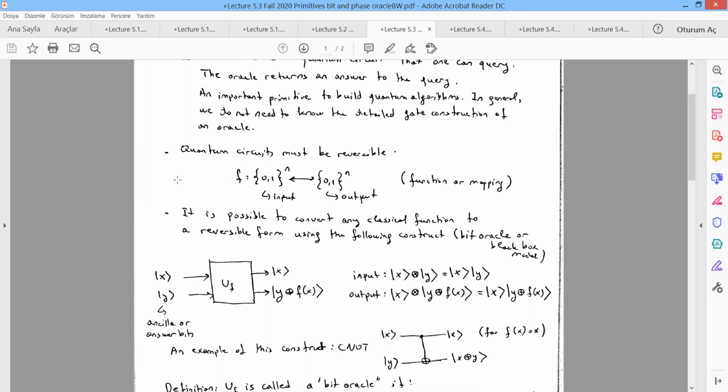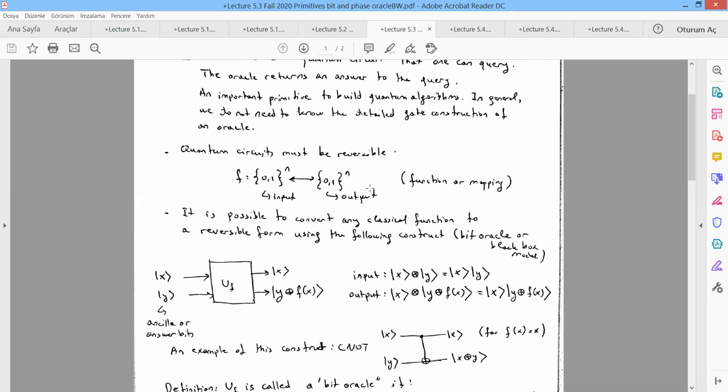And as we said, a quantum circuit must be reversible. In other words, in a mapping from a string of n bits in the input to a string of another n bits in the output, in order for it to be quantum mechanically constructible, it has to be reversible. That's what it means to be a unitary operator.